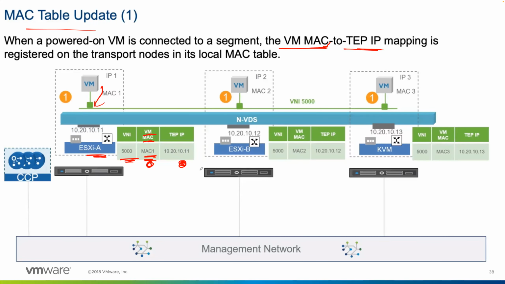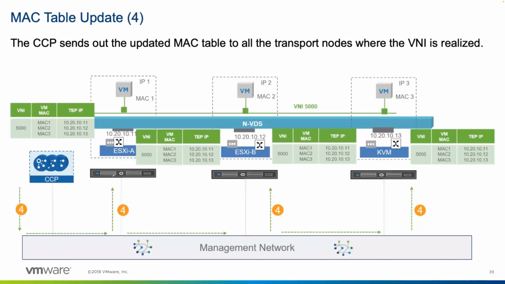The same thing happens. They collect it and send it out to the centralized control plane, which is the CCP. The CCP helps collect all of them and hands out all the information to every transport node to make it a common, the same scenario shown at every transport node.